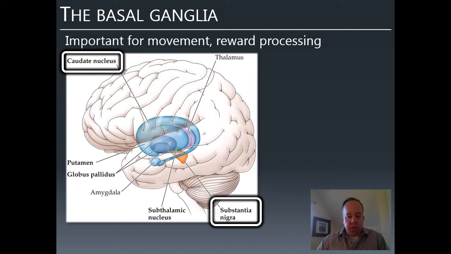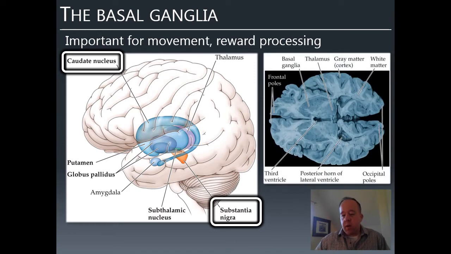So Parkinson's disease is largely characterized by deficits in movement, difficulty initiating actions, difficulty with smooth movement, muscle tremors. And this is because of the death of dopamine neurons in the basal ganglia, and in the substantia nigra in particular. So an important structure, and it is one of two sources for dopamine neurons.